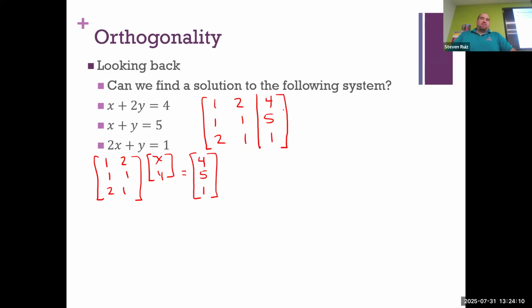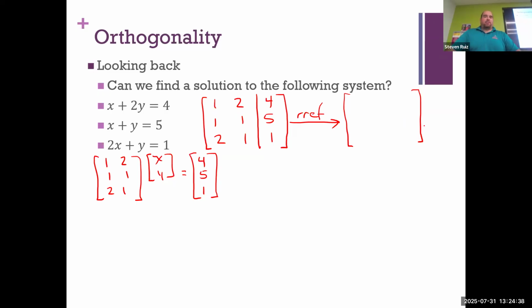Now that we have this augmented matrix, what could we do to it? Yeah, so if we reduce that, right now I'm not asking what the solutions are, I'm asking just if we can solve it. The reduced row echelon form of that augmented matrix should give us all the evidence we need.